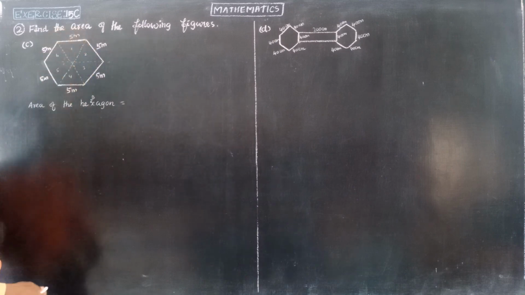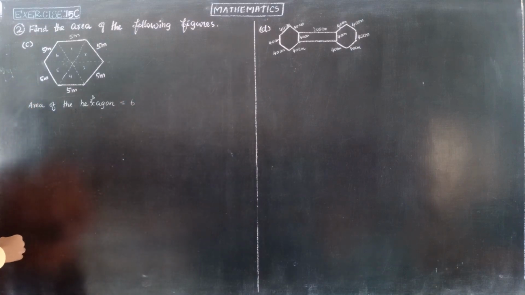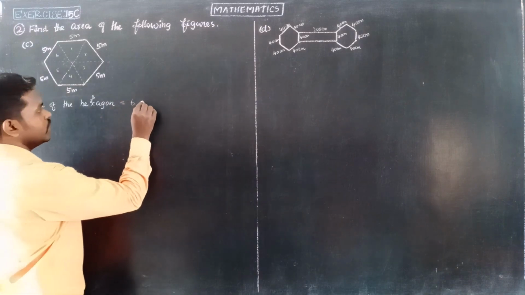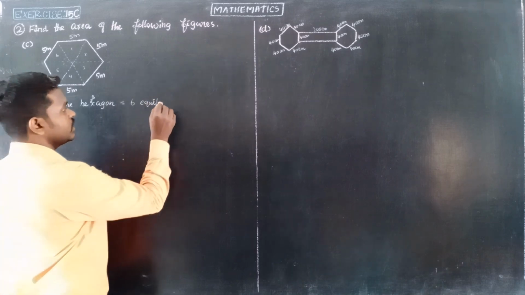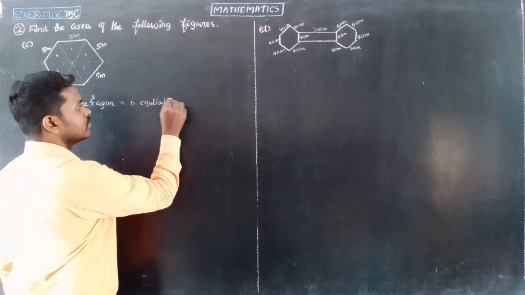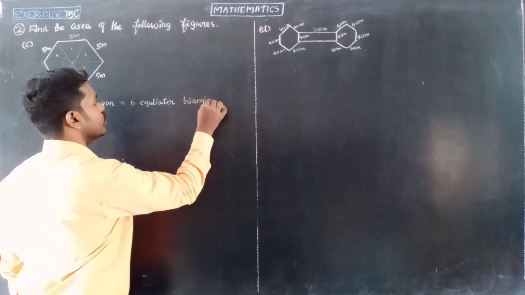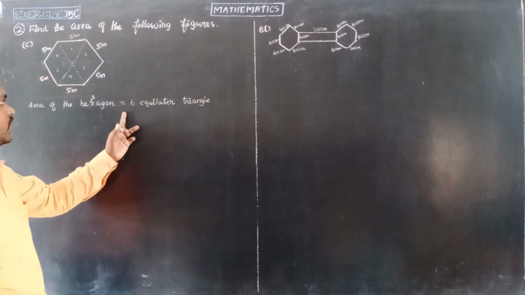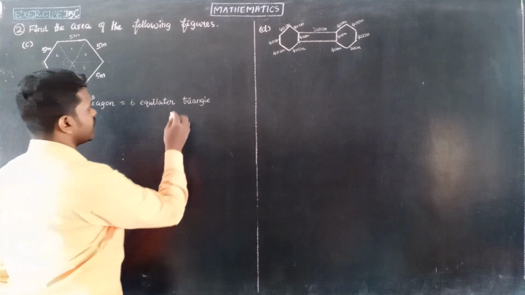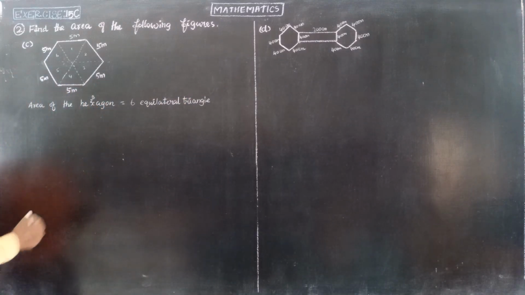All sides of the hexagon are equal, so we got 6 equilateral triangles. So we are going to find the area of the 6 equilateral triangles, because it's a regular hexagon. When we join the opposite vertices of the regular hexagon, we get 6 equilateral triangles. So area of the hexagon is equal to the area of 6 equilateral triangles.